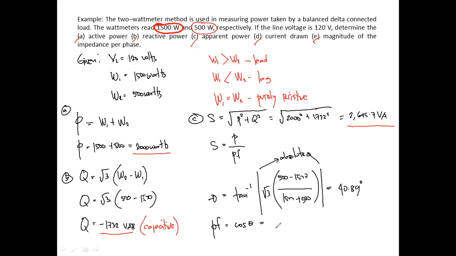If you take cosine of this, the answer is 0.756. Then if we substitute, we have 2000 divided by 0.756, which is 2645.5 VA.